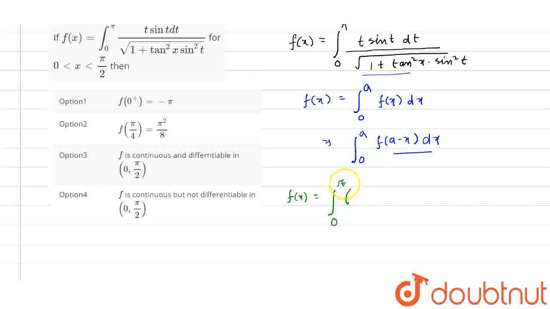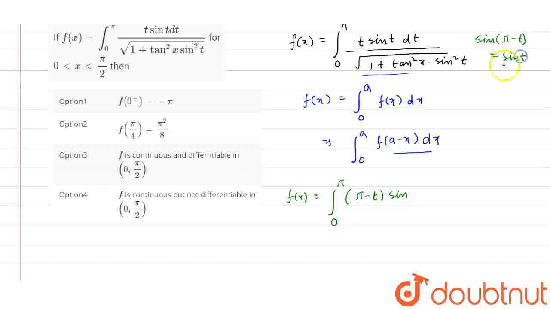Now the value of a here is pi, so pi minus t sine. Now it becomes sine of (pi minus t), and we know that sine of (pi minus t) is equal to sine t.